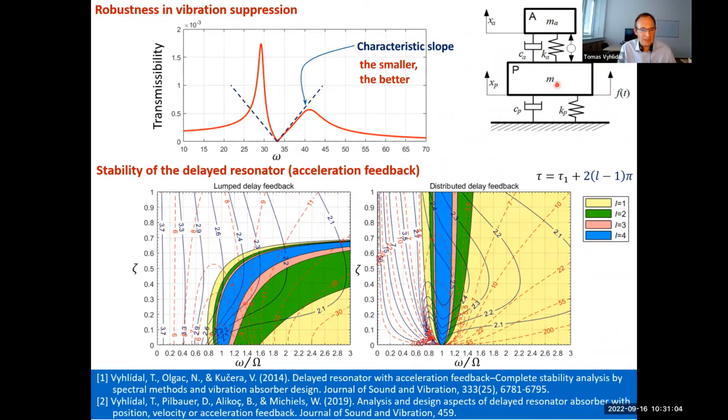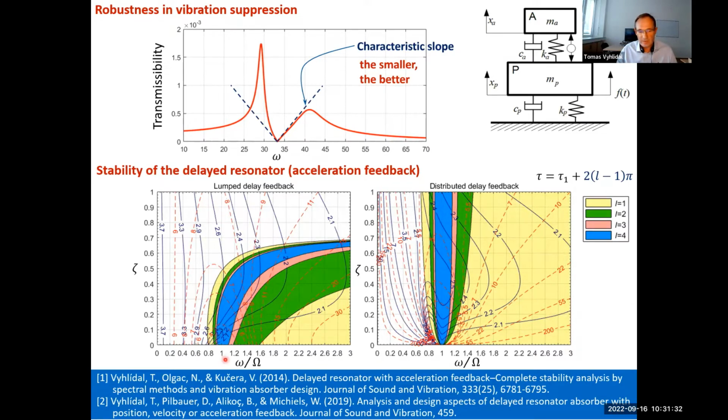So what we have done with my colleagues, also with Nejat and my former PhD students, we looked at the stability of the delayed resonator itself, and we found out that even the resonator alone is quite sensitive in terms of stability.